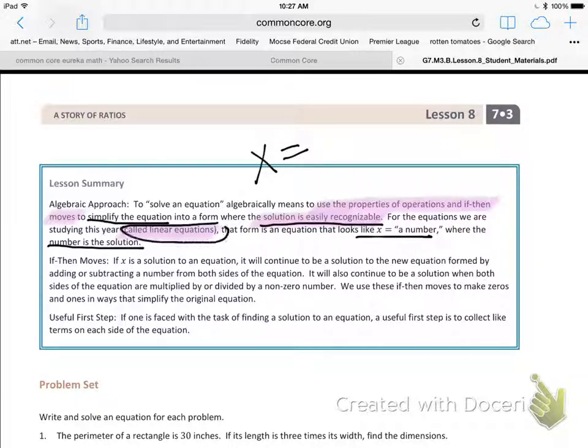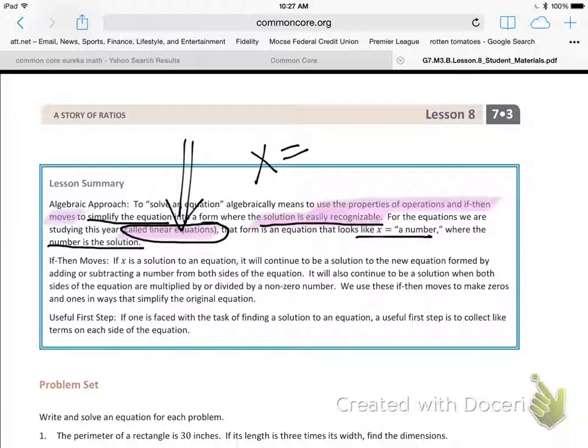So all of these equations can be plotted on lines, okay? Straight lines, all right? So when we are trying to isolate the x or isolate the variable, that does indeed apply to linear equations. There are going to be times in the future, not this year, but in future algebra, that will not always be the case, okay, to say we're isolating the x because there will be multiple variables.